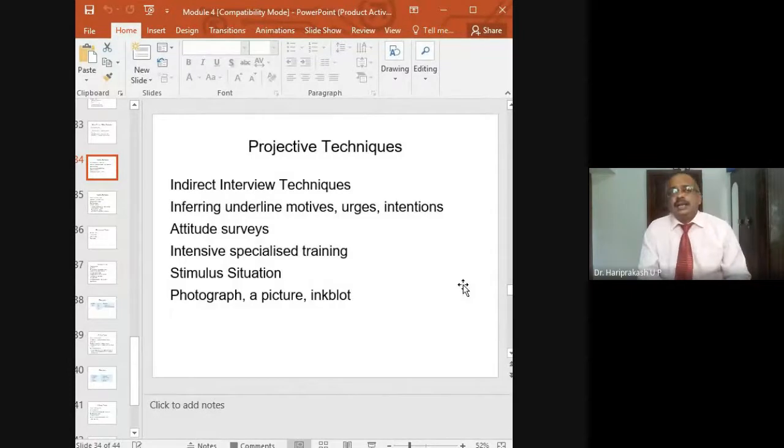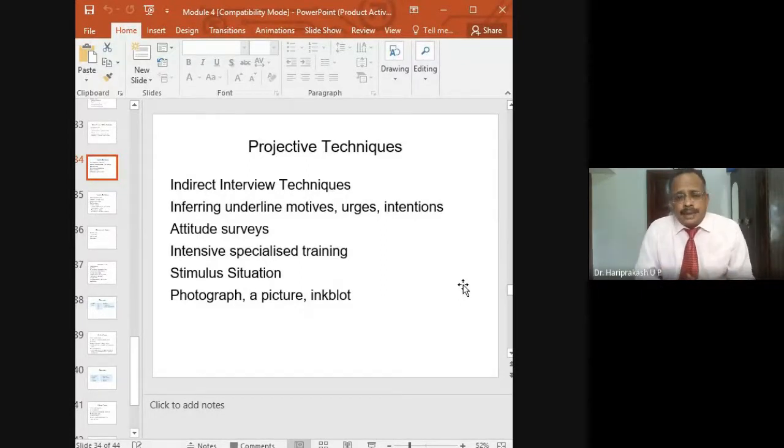So to understand that, there are techniques to collect such data. That is called projective techniques. There are different types of tests where respondents' attitudes, behaviors, intentions, and psychology can be analyzed.